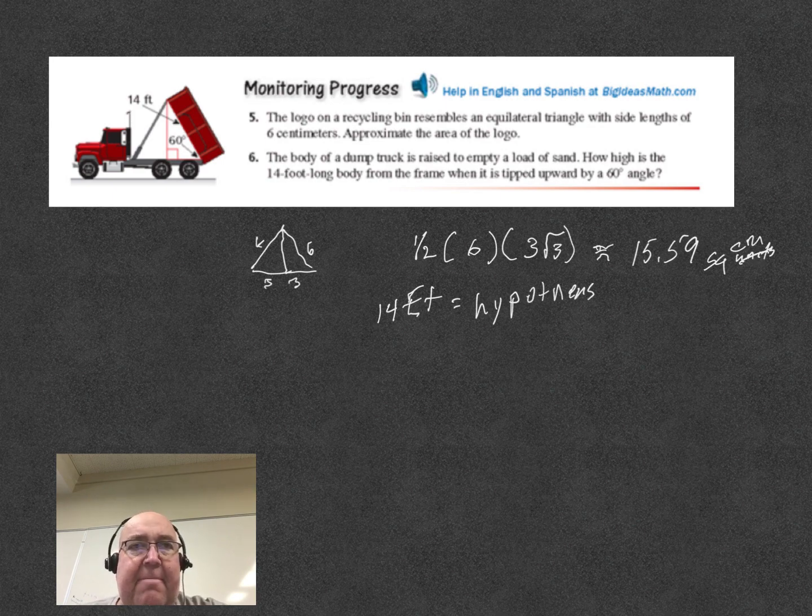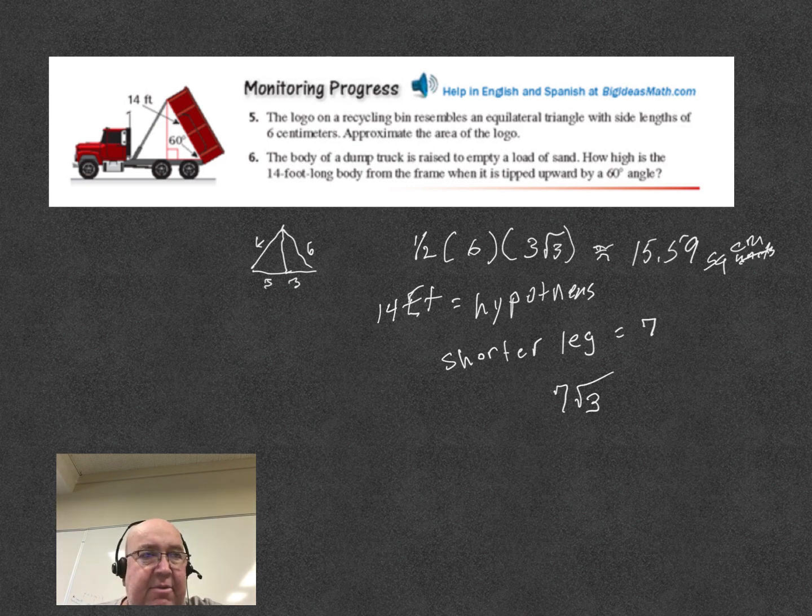We know that the hypotenuse is 2 times the shorter leg, so our shorter leg equals 7. And we know then that the height that's lifted is going to be the shorter leg times the square root of 3. So we end up with 7 square root 3, and that is about 12.12 feet.